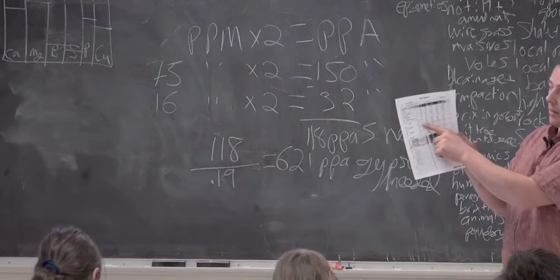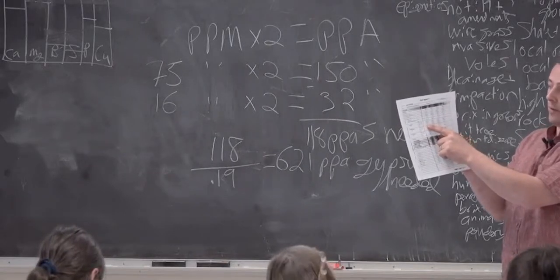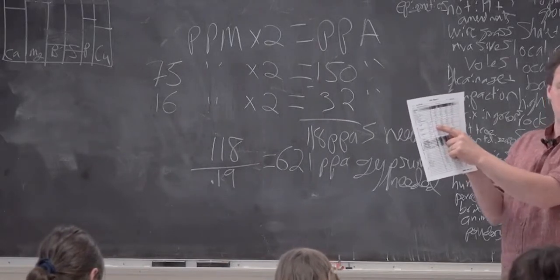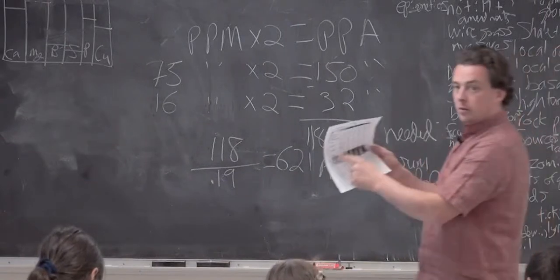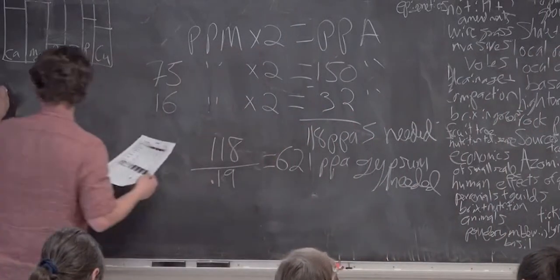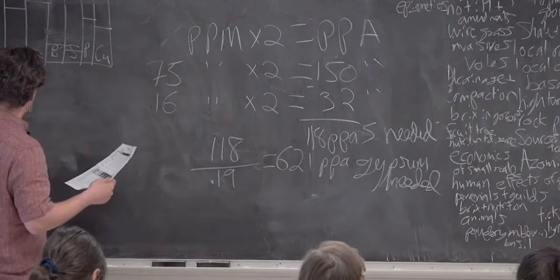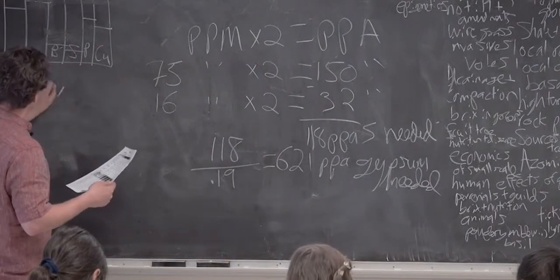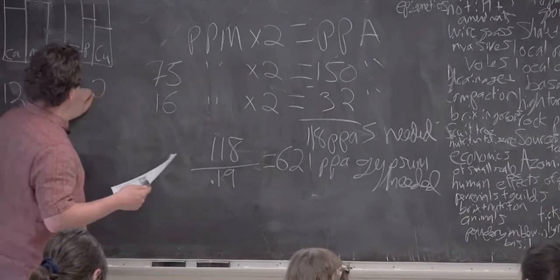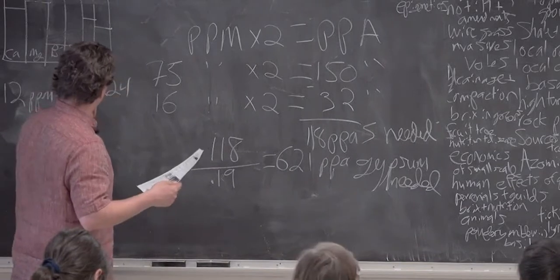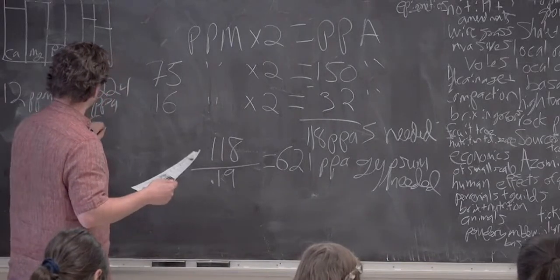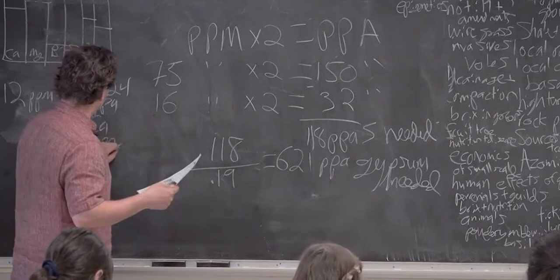So calcium, if you look here on this section right here, they've done the math for you and found we've got a deficit of 112 parts per million. So 112 ppm times 2 equals 224 pounds per acre calcium needed.